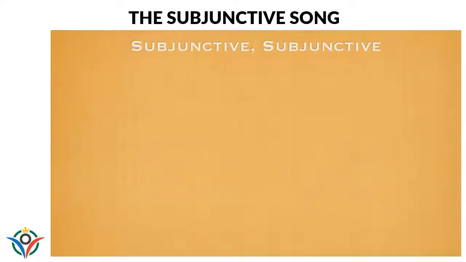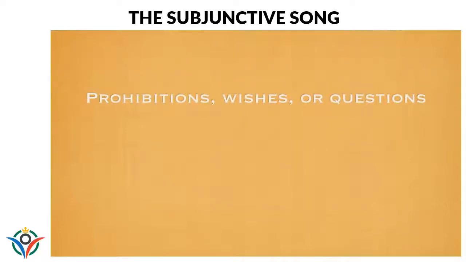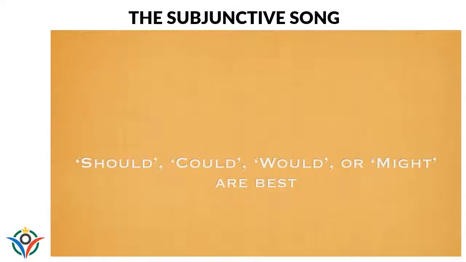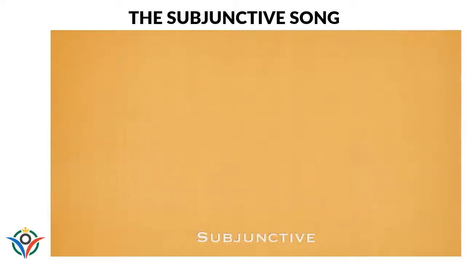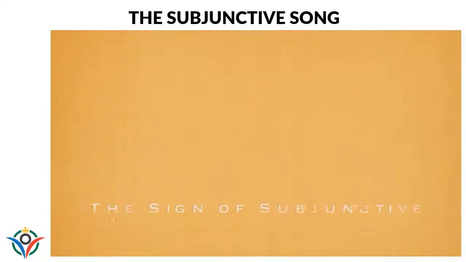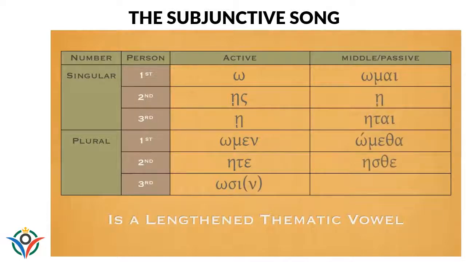Subjunctive: a mood of contingency, prohibitions, wishes, or questions. When translating to English, should, could, would, or might are best, mainly in present and aorist subjunctive. The sign of subjunctive is a lengthened thematic vowel: ō, ēs, ē, ōmen, ēte, ōsin, ōmai, ē, ētai, ōmetha, ēsthe, ōntai.